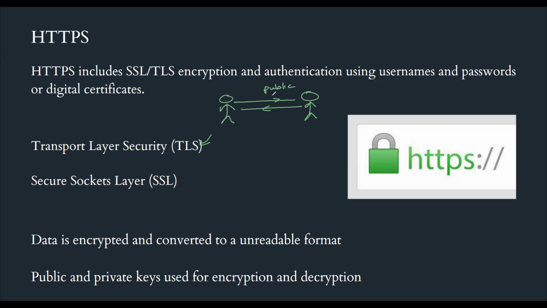At that moment, the person who is receiving the public key will encrypt the data using that public key. According to that previously decided method, the client is encrypting the data.